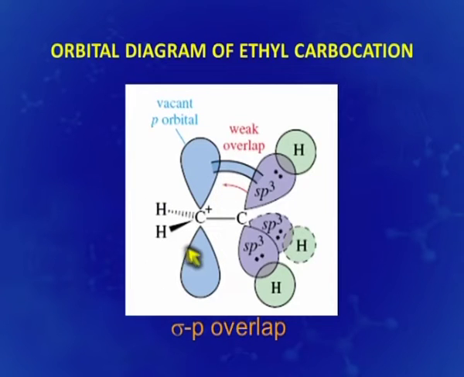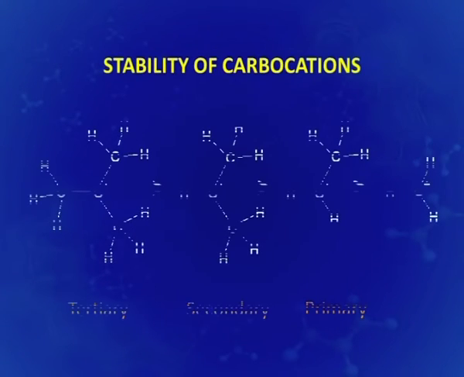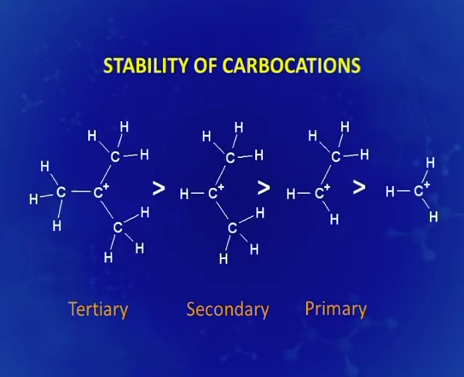Thus, we can say that the tertiary carbocation by means of hyperconjugation again will be more stable than a secondary, than a primary, which is again more stable than a methyl carbocation.